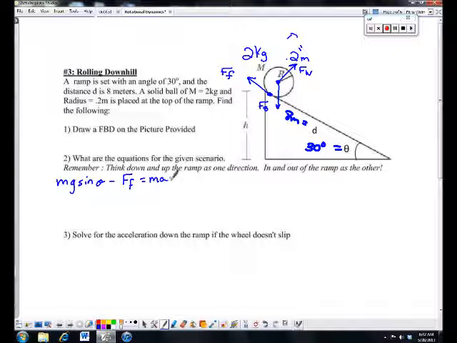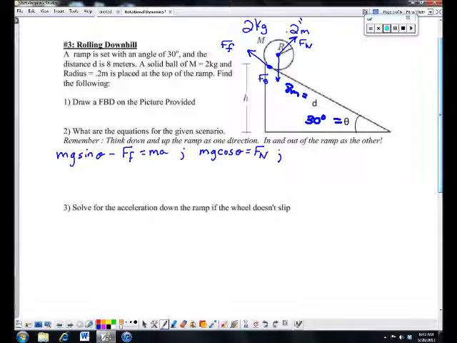I also know that mg cosine theta is equal to Fn. And my new one, when it comes to torque, is the force of friction times radius equals I alpha.